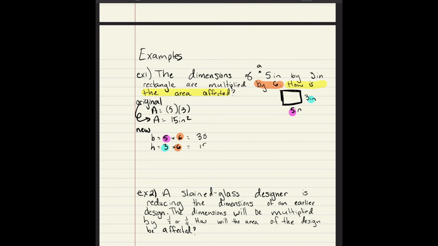So 5 times 6 gives us 30. 3 times 6 equals 18. So our new dimensions are 30 inches by 18 inches.